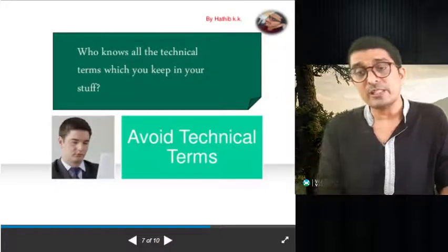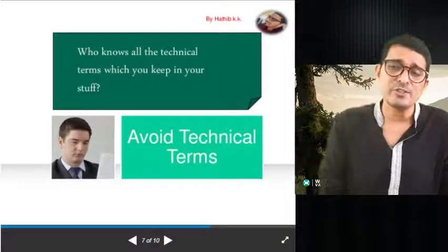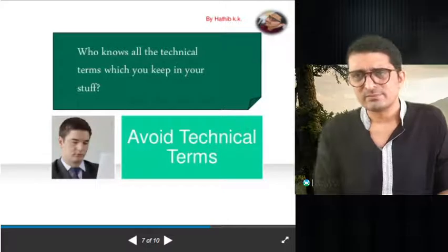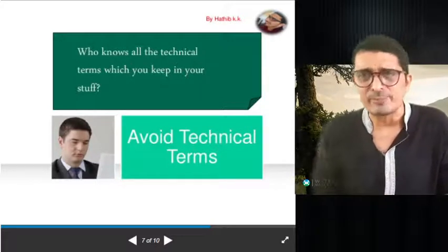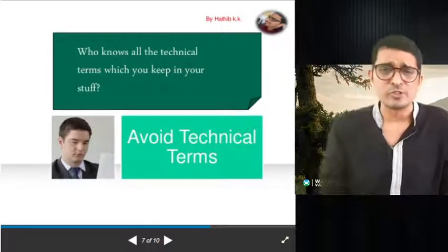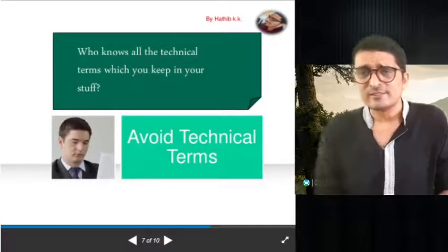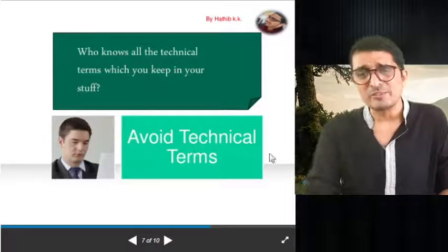If they are not able to follow the terms which you have used, they will get bored, they will get disappointed, and they will not give you accurate information. You should make them interested in filling your form. So just try to avoid technical terms. That's important when you're preparing a questionnaire.